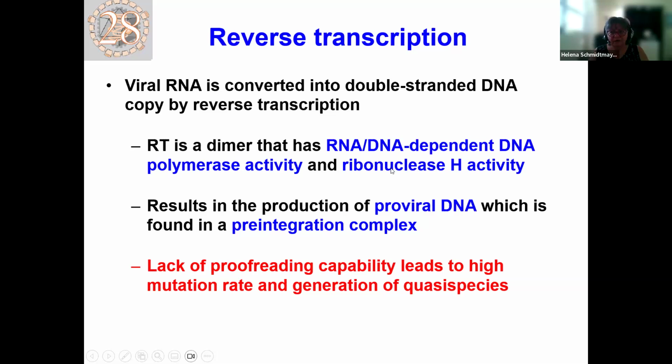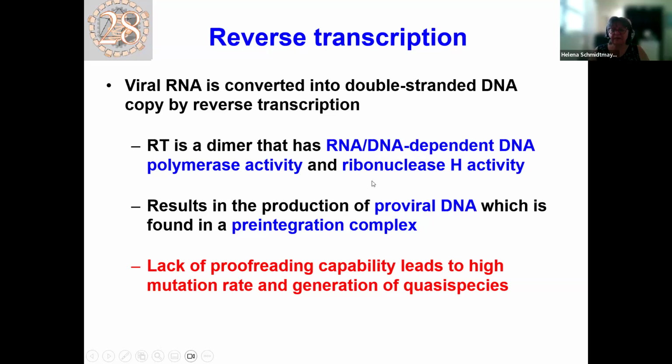It also functions as a DNA-dependent DNA polymerase, which synthesizes DNA on the template of DNA, and it also has ribonuclease H activity, which degrades RNA in the hybrid of RNA-DNA. So all these three activities are mediated by one enzyme, reverse transcriptase.